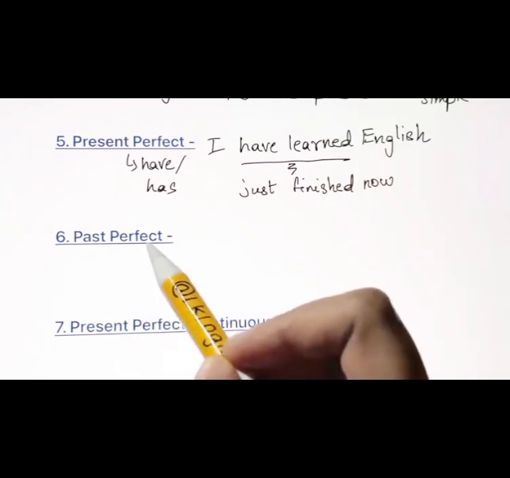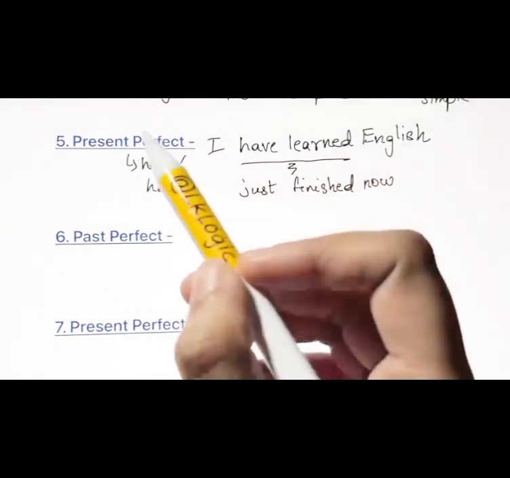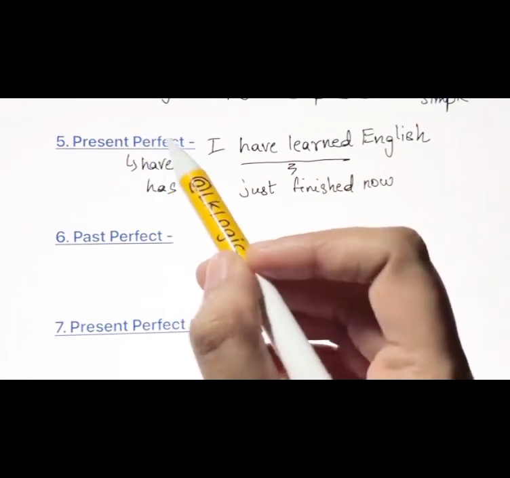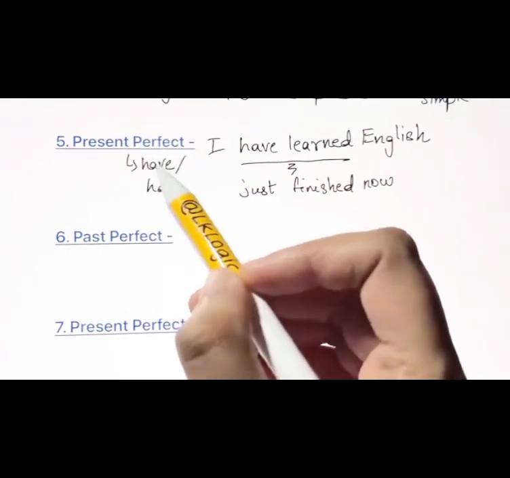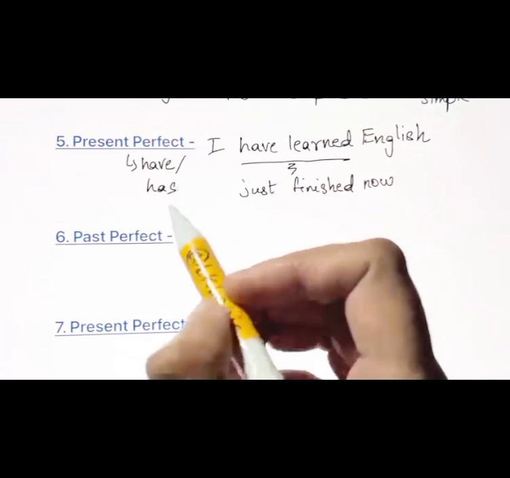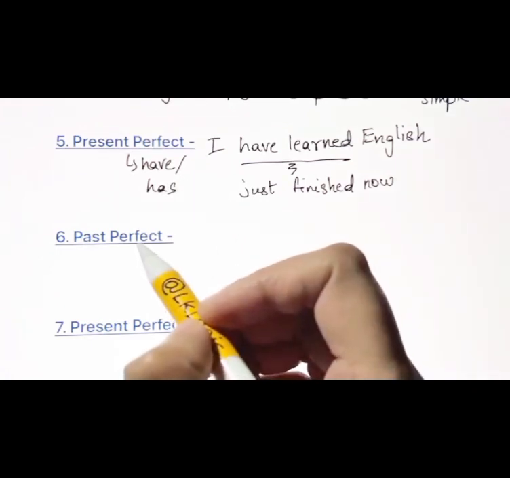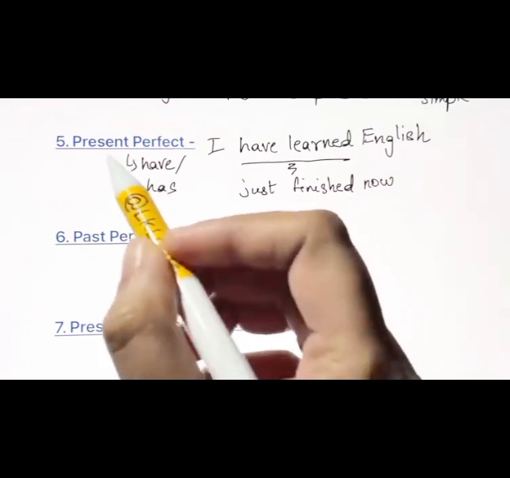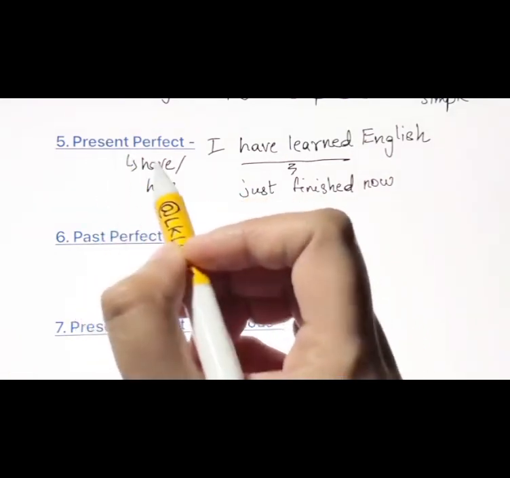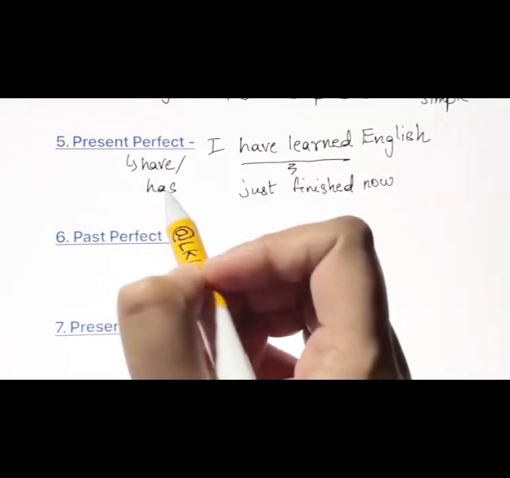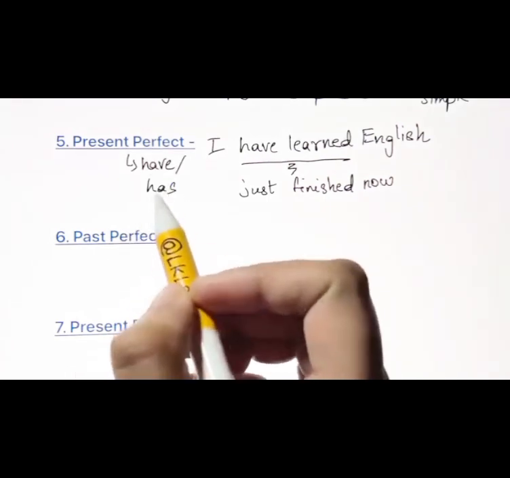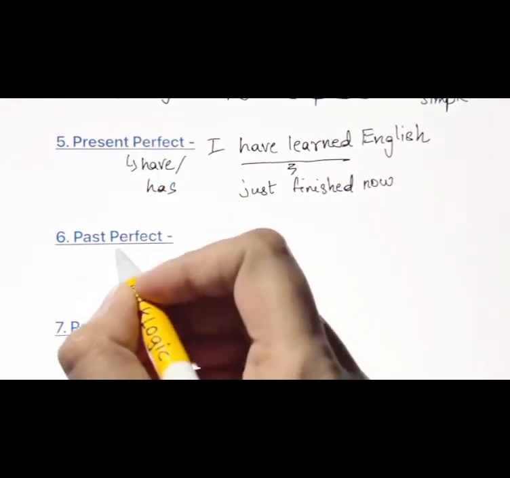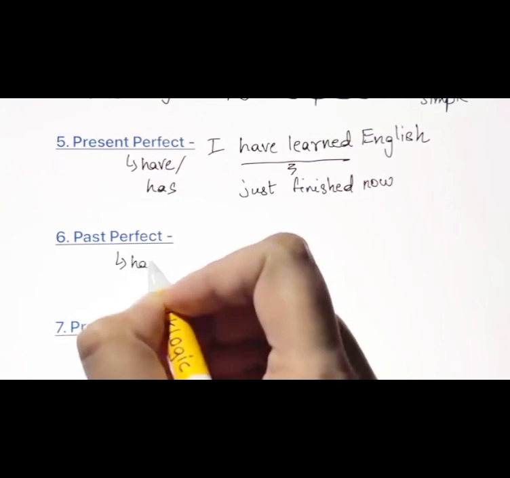What is past perfect? Here, as I told you, whenever you have perfect, you use have or has. Here also you will use have or has, but in past tense. Here it was present tense, so you used have or has in present tense. Now have or has in past tense is had.